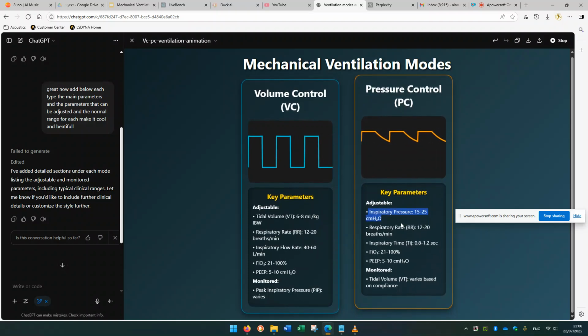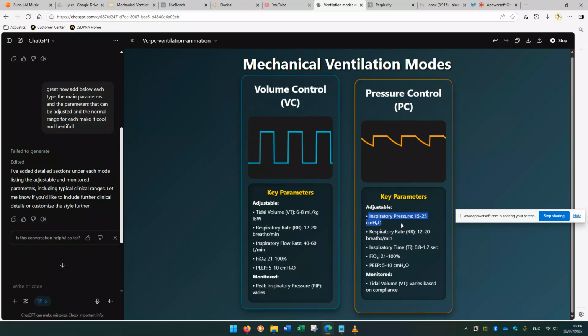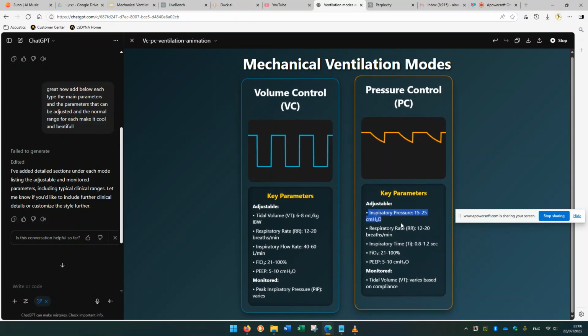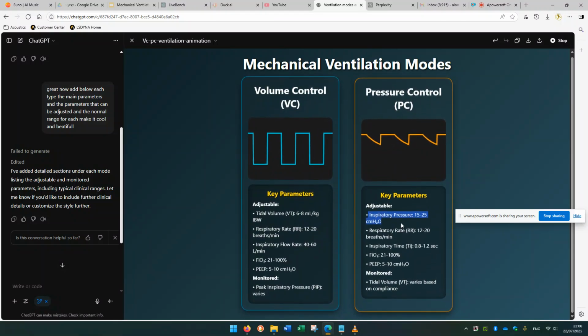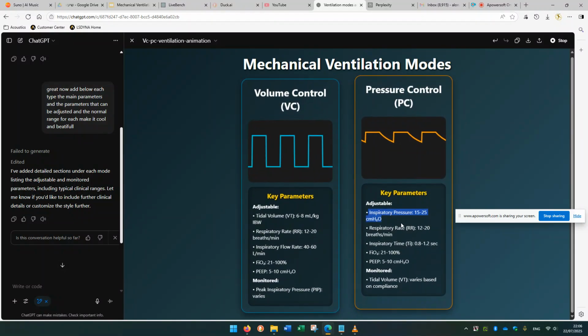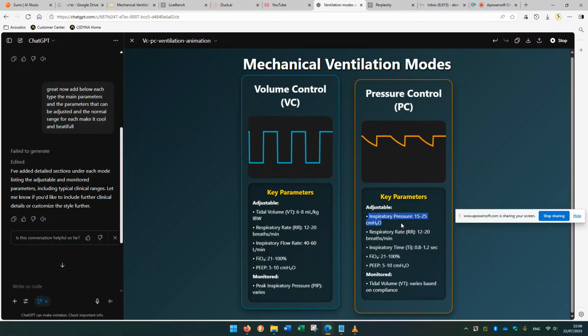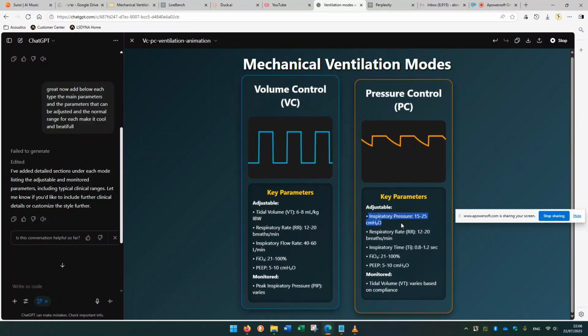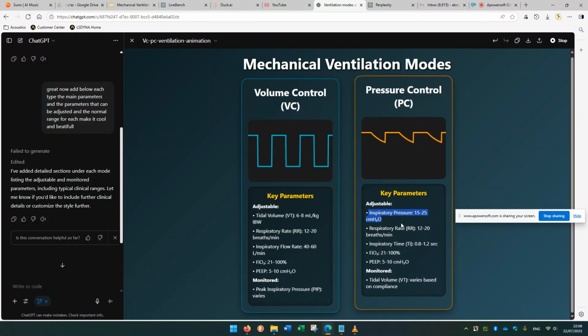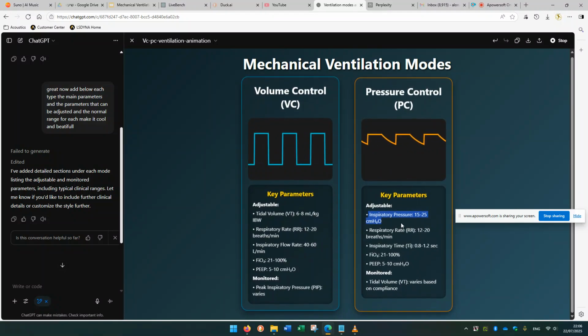I set this pressure, so I know that this is the limit. The patient won't have higher than that pressure. Of course, by that, I can reduce the risk for barotrauma to the lungs because I control the pressure, and I can prevent pneumothorax in very non-compliant lungs.